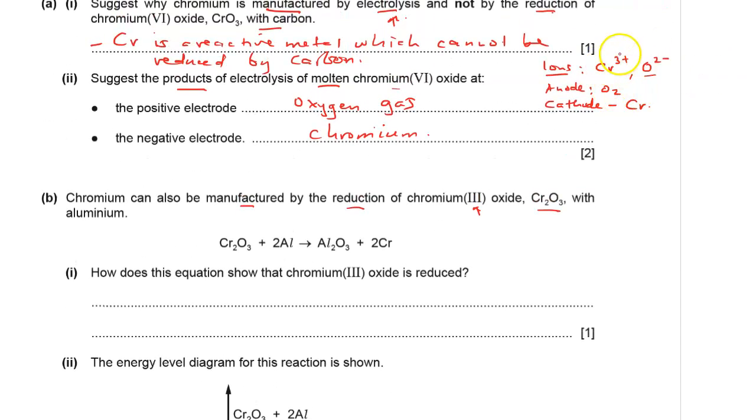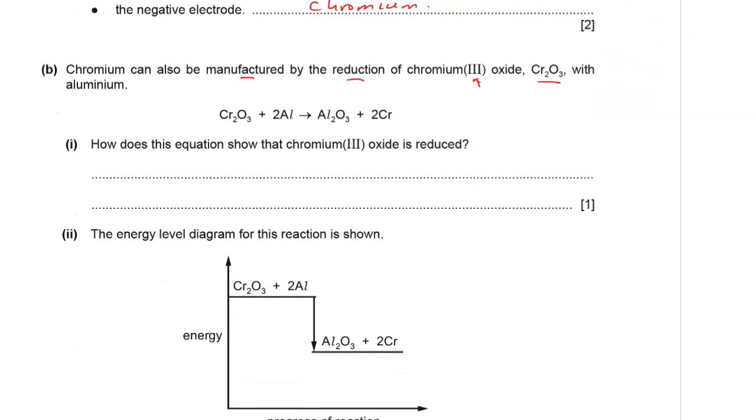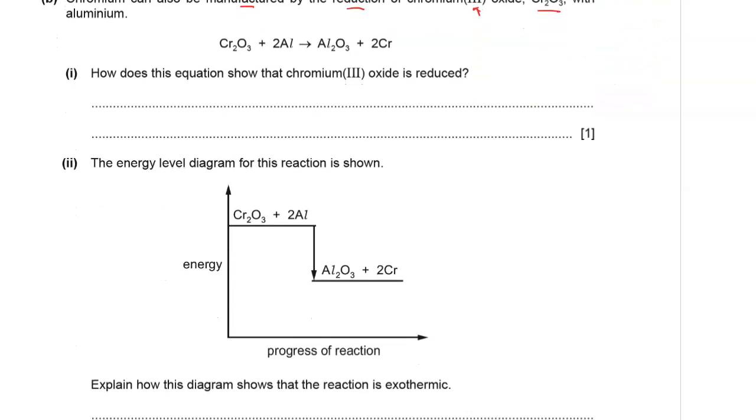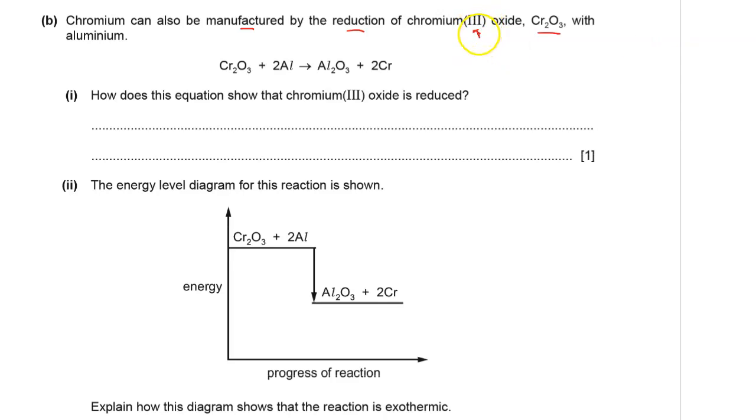This is chromium 6, it's got a valence of 6. So this is chromium 3 here. This is chromium 3 oxide with aluminium. So how does this equation show that chromium oxide is reduced? So we have this equation here.